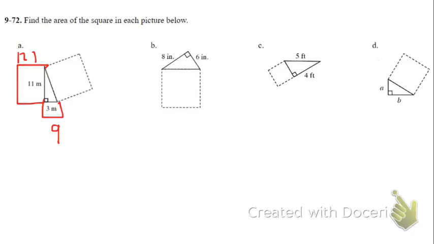Okay, so using my areas, I can now add those up to figure out the missing side. Make sure you're using areas. Submit all of these answers. Make sure you put all the answers on your paper, and have a great day.